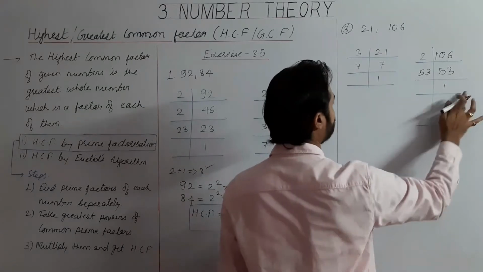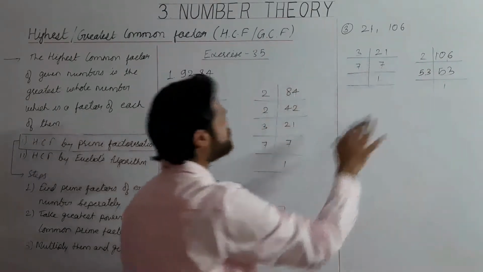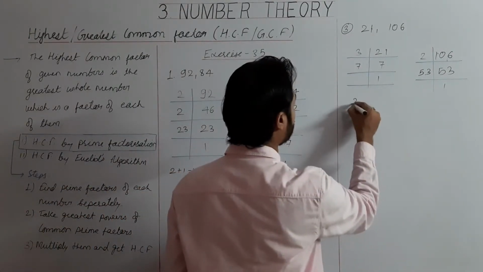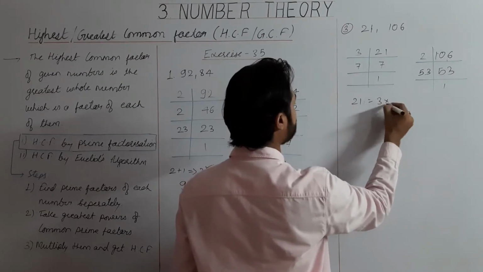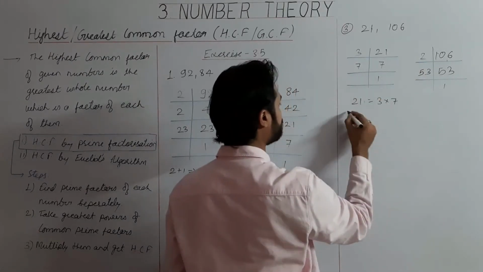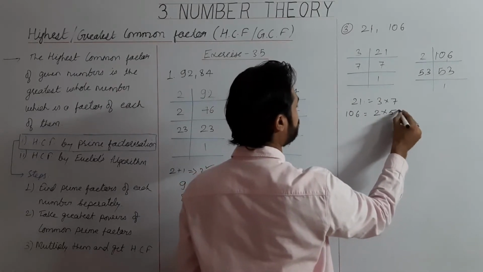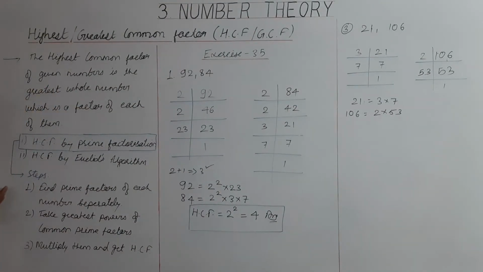We will get 1. So for 21 the factors are 3 and 7, and for 106 it is 2 into 53. These are the factors. Now the first step is done.